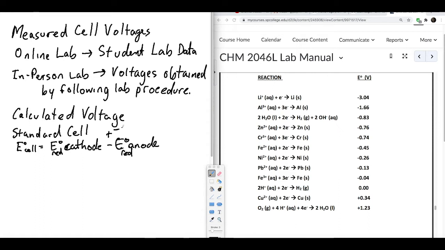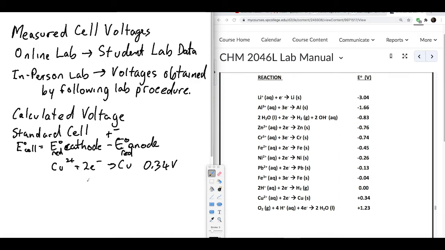So the way we can look at the E naught for the cathode reduction, we've got the cathode being the copper, and we can see that that's 0.34 volts.